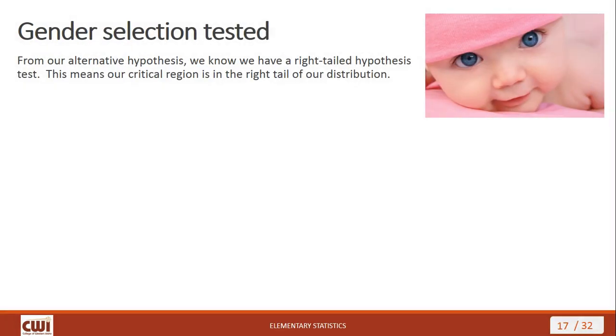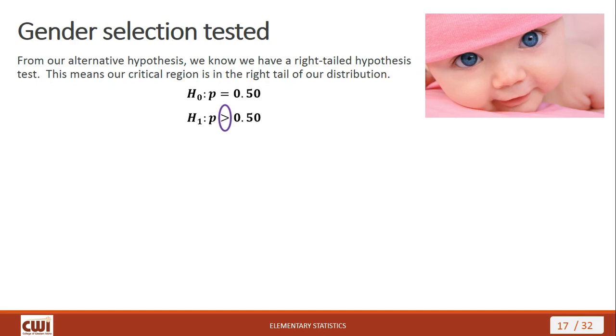Let's go back to our XOR gender selection example to illustrate. From our alternative hypothesis, we know we have a right-tailed hypothesis test. This means our critical region is in the right tail of our distribution. Go back and look at the alternative and null hypotheses for this particular example. We had the proportion equals 50% for the null hypothesis, and the proportion is greater than 50% for the alternative hypothesis.